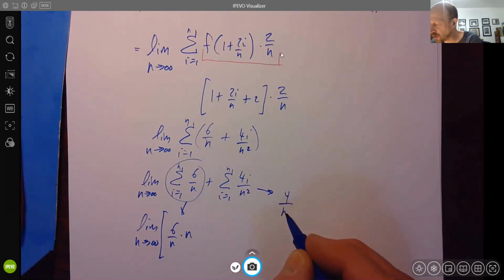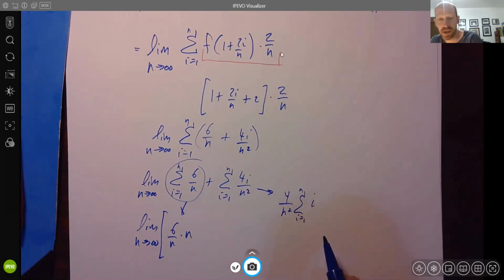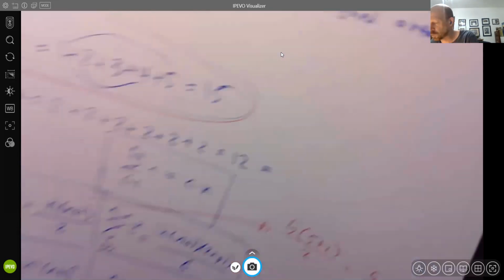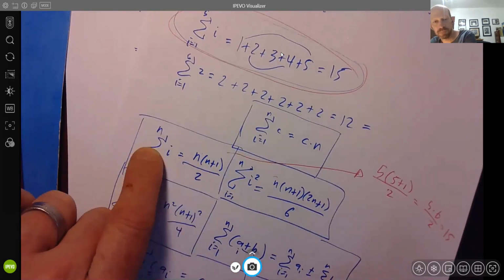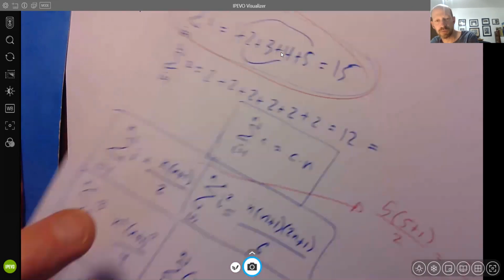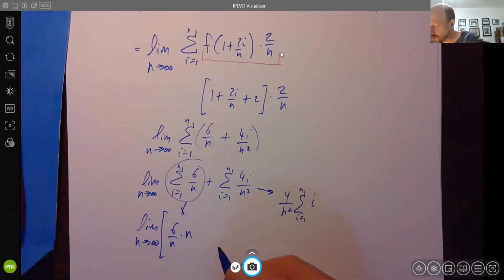I'm going to pull the 4 over n squared out in front, which is going to leave me the sum from i equals 1 to n of i. And that we have a formula for. That's this one. So this expression gets just replaced with that. 4 over n squared times n times n plus 1 over 2.